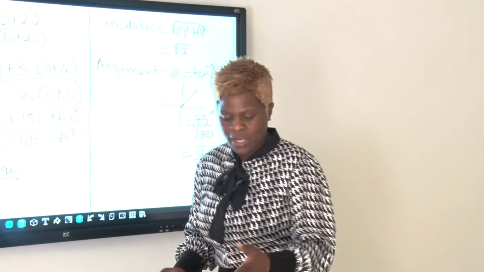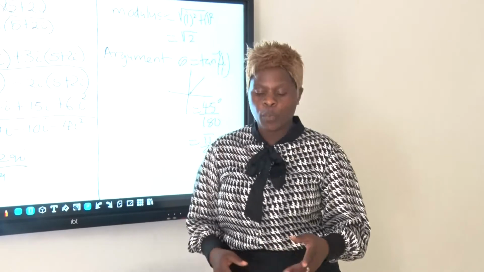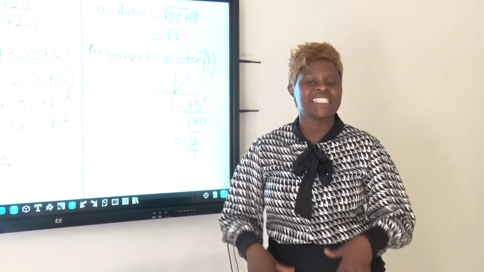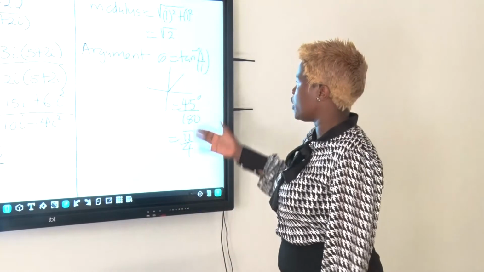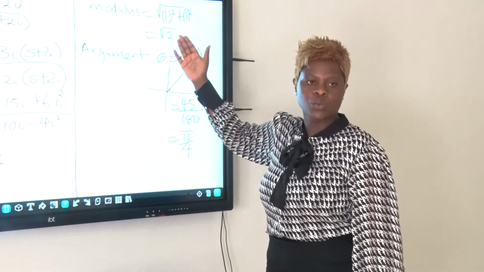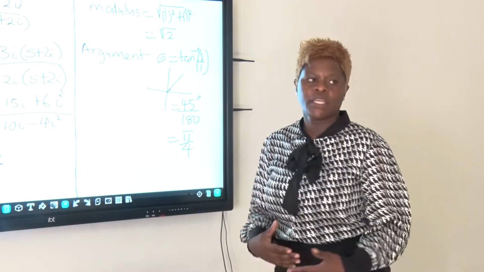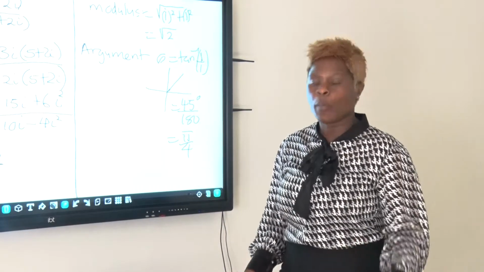The question further asks us to put this in polar form. What are we doing? We are just substituting the value of r as square root of 2 and the value of theta as pi over 4 into our trigonometric or polar form.